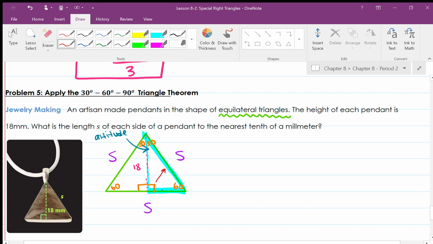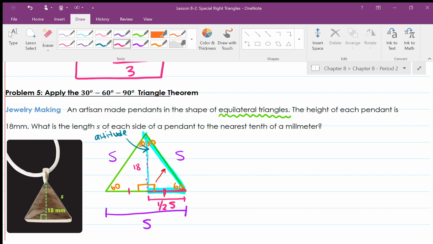Now focus on this little piece right here. In regards to the S, if the whole thing is S and this piece is actually cut in half, then that means that the length of this piece right here is half of S. Do you agree? If the whole thing is S, then the altitude or the height cutting it in half is a half of S. But we are looking for the length of S here.